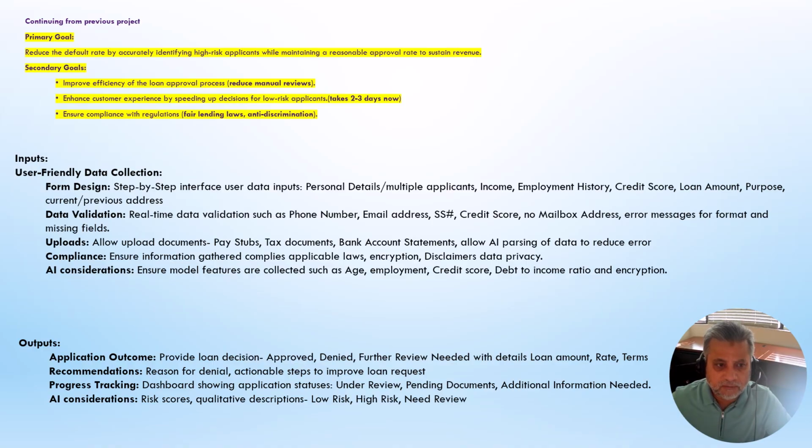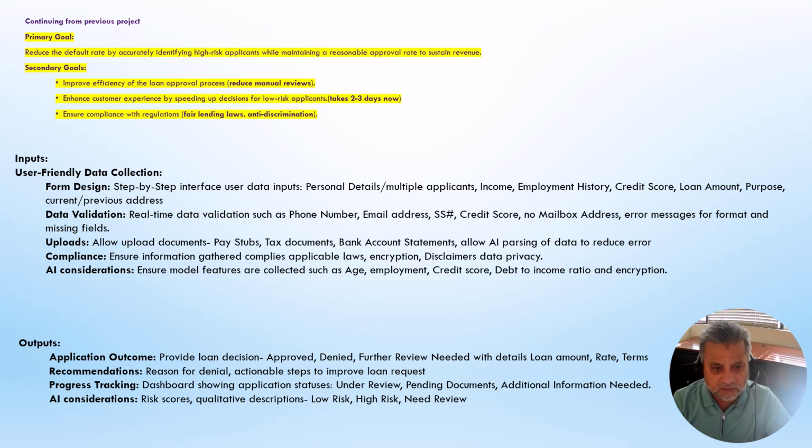So, the problem that I'm trying to solve is the same one that I used earlier for the previous course. The problem is to reduce the default rate by accurately identifying high risk applicants for a bank while maintaining their reasonable approval rate to sustain the revenue.